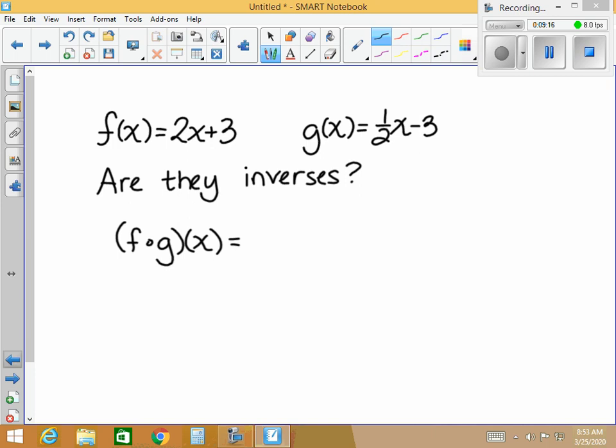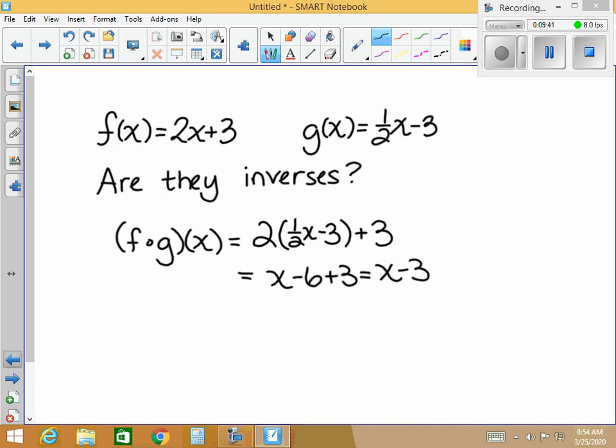So if I'm asked to find f of g of x, that means I am plugging g into f. If I pick up g and I plug it into f, every place there's an x, I do the arithmetic and clean things up.